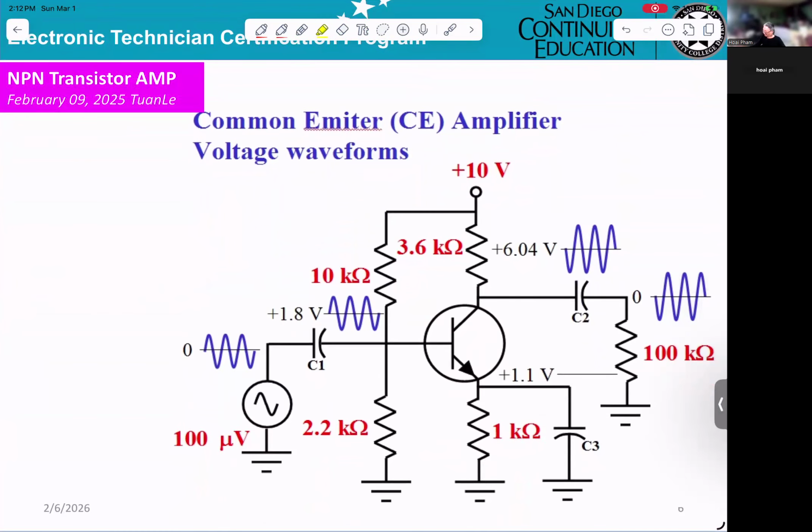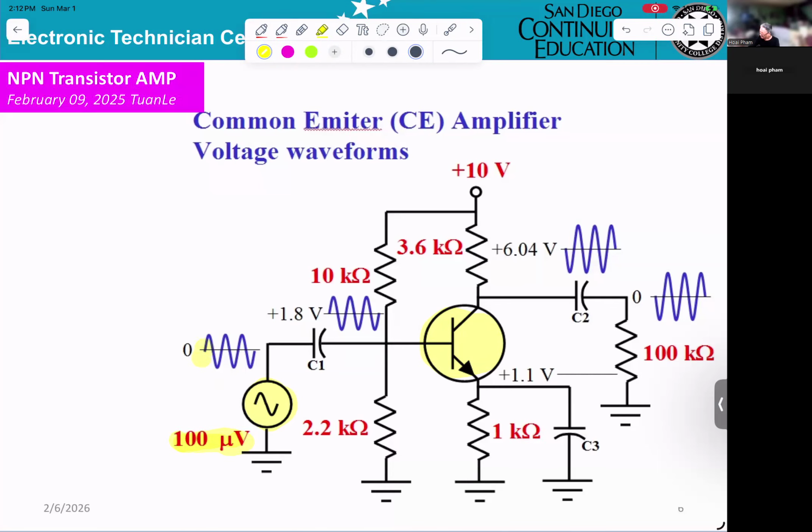Okay, this display is very good for the technician. This is a common emitter transistor amplifier, and this is a 100 microvolt signal.